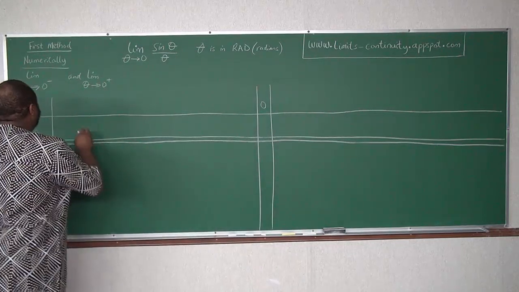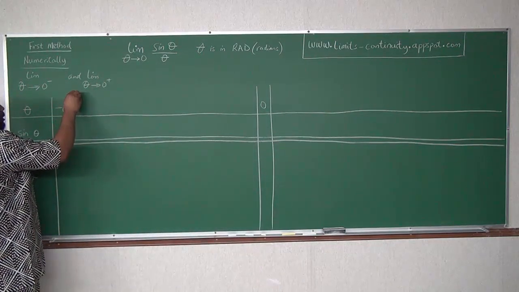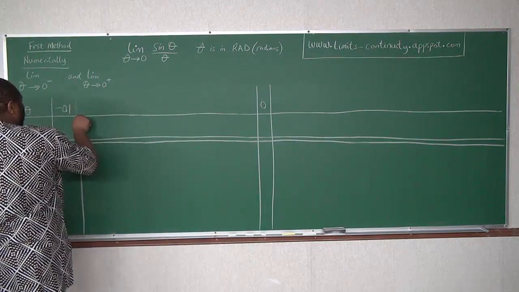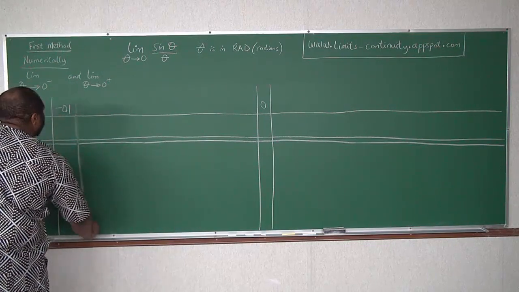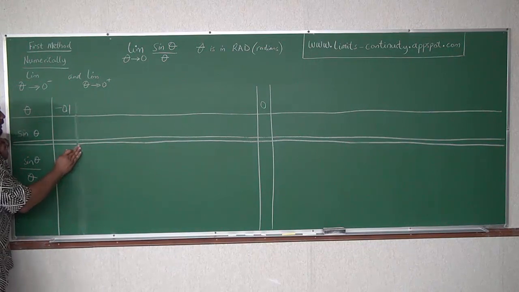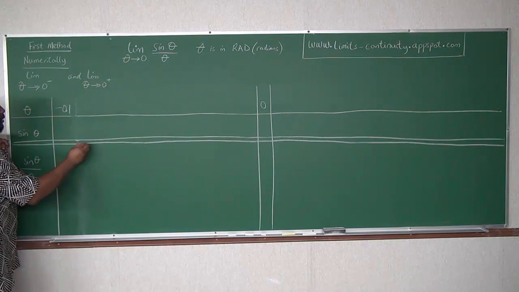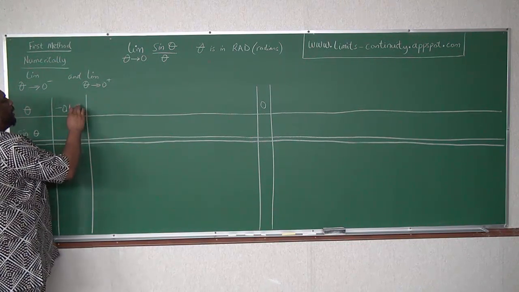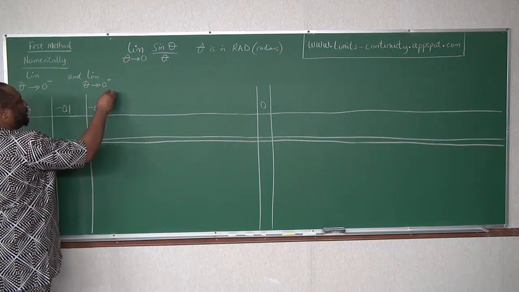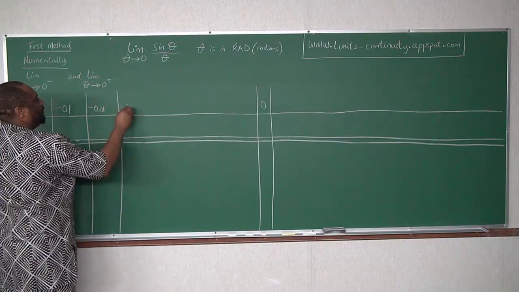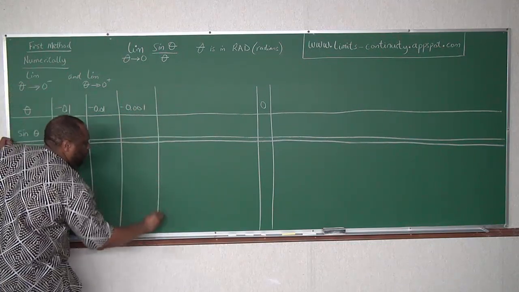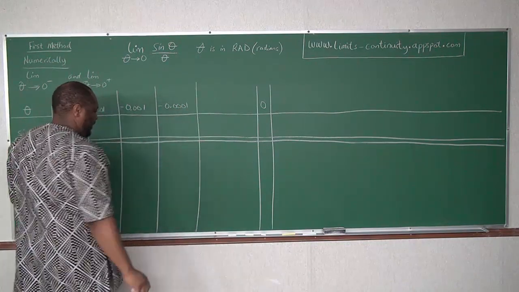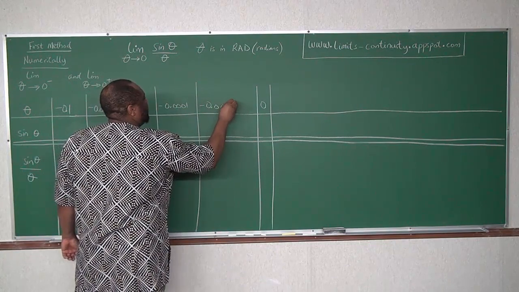So I will have here, from the left, negative 0.1, then negative 0.01, negative 0.001, negative 0.0001, and finally negative 0.00001.